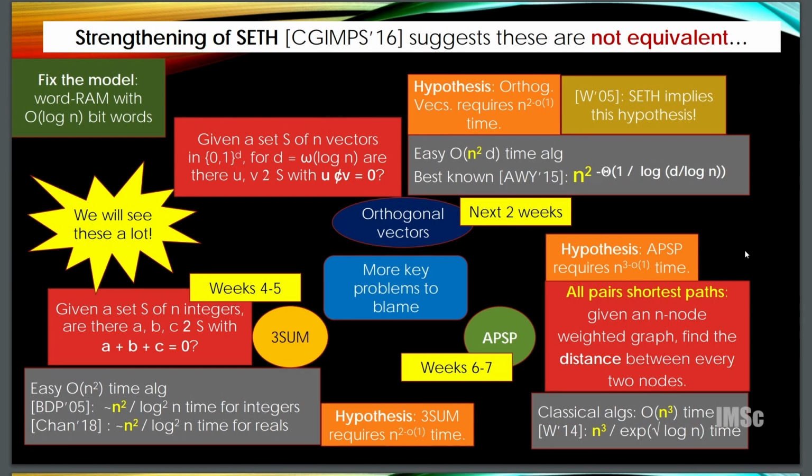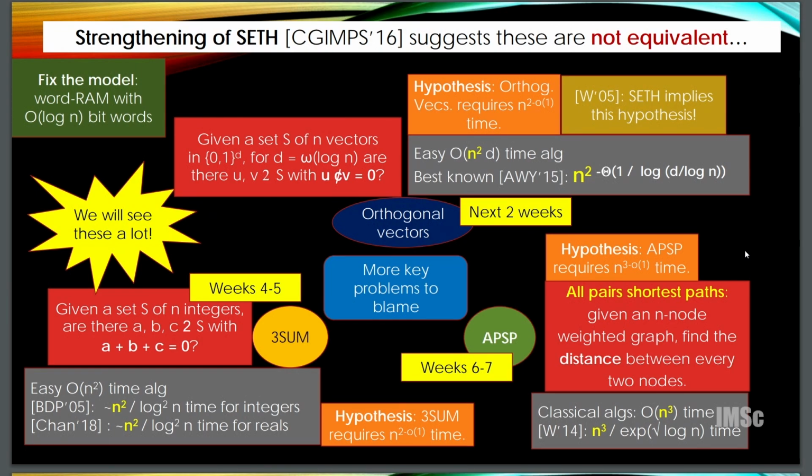These are the kinds of problems. Orthogonal vectors is here, diameter should be somewhere there, all pair shortest path, this 3 sum problem. A whole lot of these problems have gotten some reductions between them.